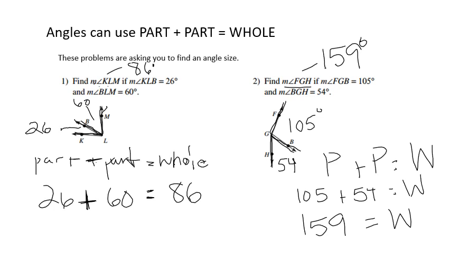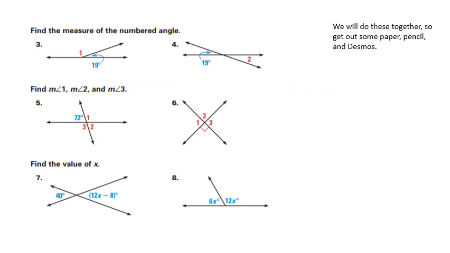We can still do this, this part plus part equals whole. Now what we'll do is we're going to pause the video here and we're going to actually draw these out on our paper. So what I'd like you to do right now is get some paper, some pencil, and get your Desmos calculator ready, because some of this is going to be some algebra that we have to set up, okay, and put it into the Desmos calculator.